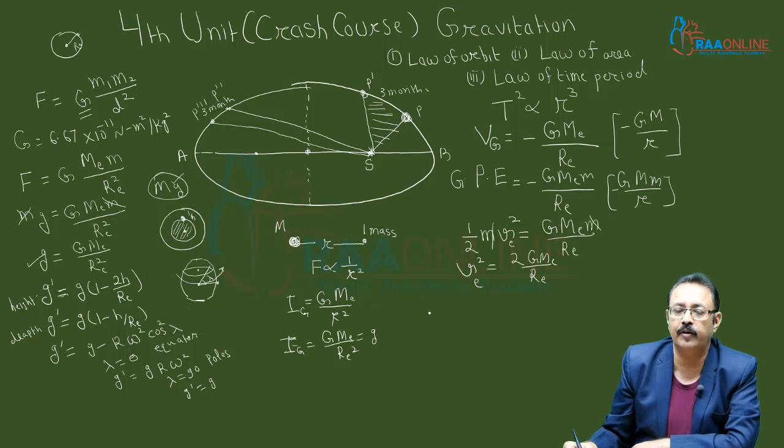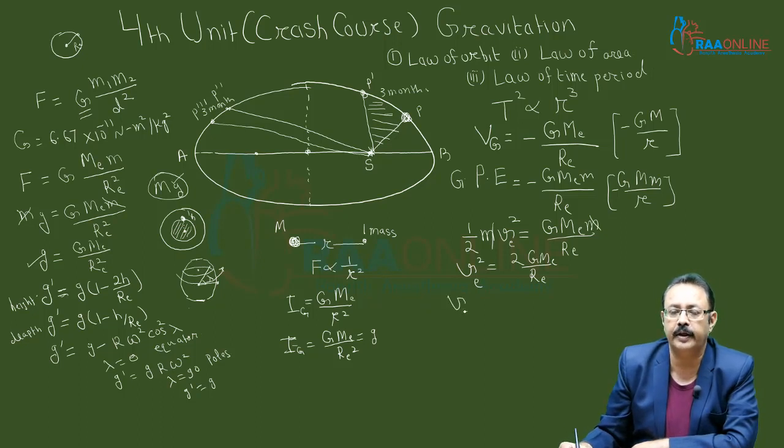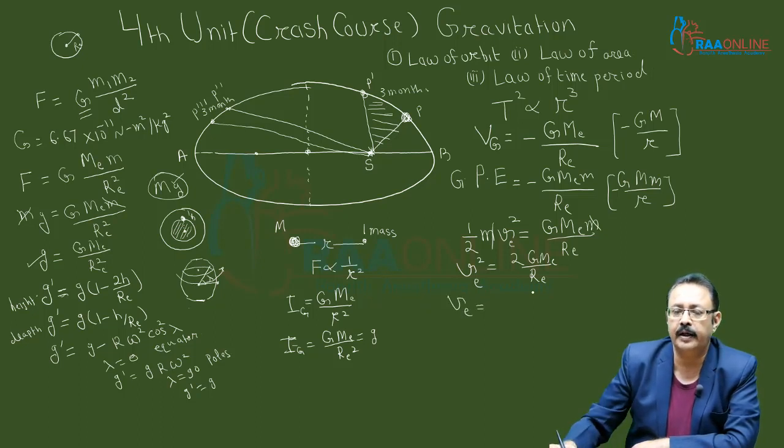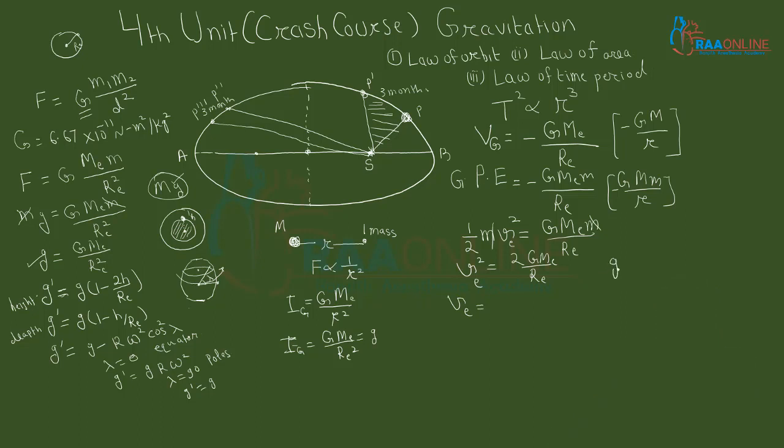So what is the value of Ve? We can calculate this. We know that at Earth's surface g is equal to G Me upon Re square. So we can replace G Me by g Re square. So what are we getting? 2 g Re square, where Re means the radius of Earth.